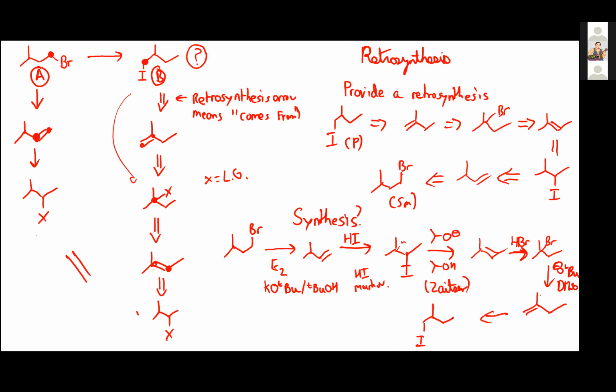I think Keith had that typed into his chat window, ready to hit go as soon as the question came up. That was really fast. So you wanted a radical reaction, and you want to do the anti-Markovnikov addition of HI. So this is a hard problem. This is not an easy problem.